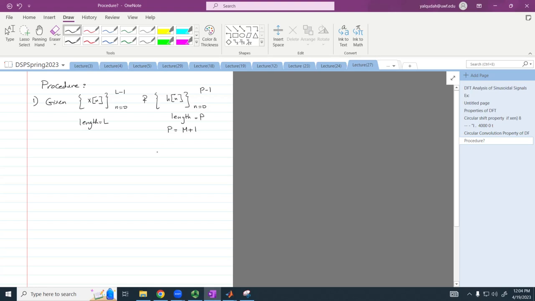This has length P. Now we're going to select N to be greater than or equal to L plus P minus 1.